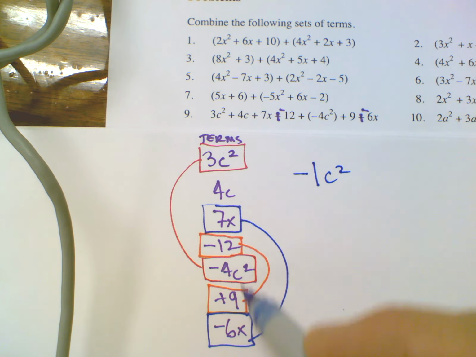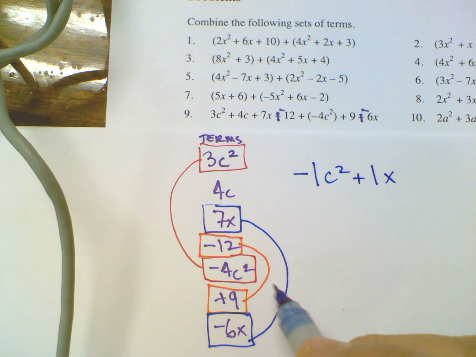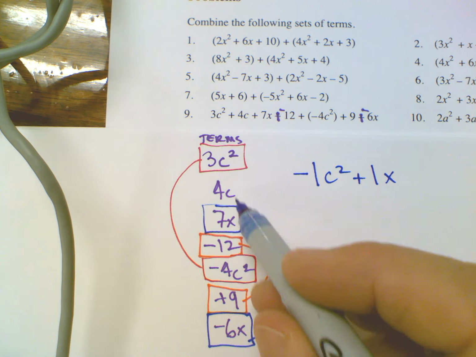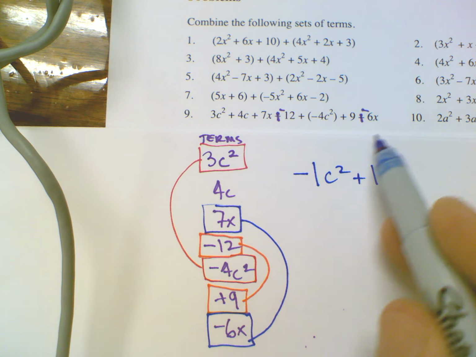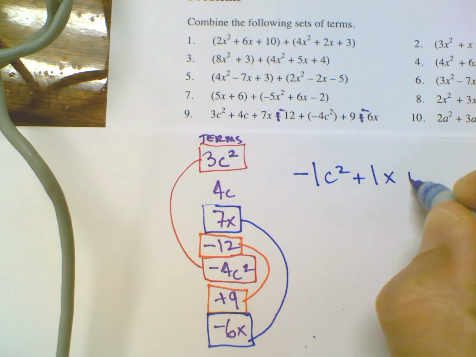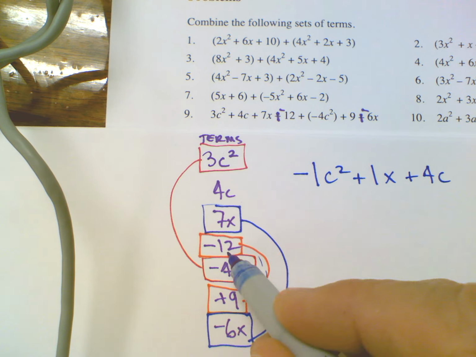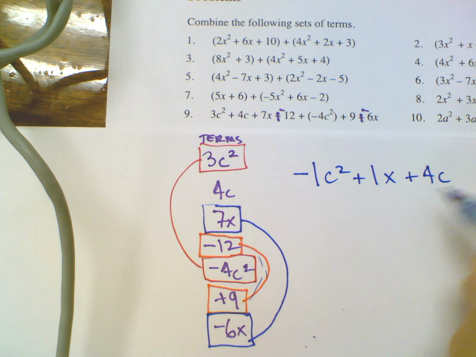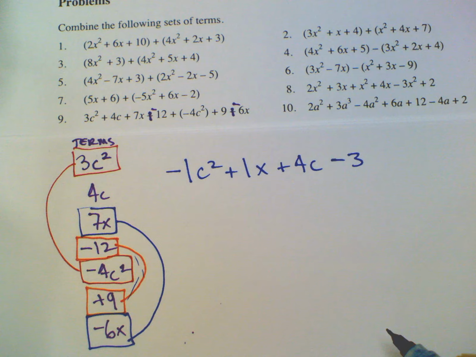You have 7x and a negative 6x. 7 and negative 6 is positive 1x. Then I have just this 4c. There's no other c term without an exponent, so that's a plus 4c. And my constants, negative 12 and 9, make negative 3, so I can just say minus 3. That's one way of writing it.